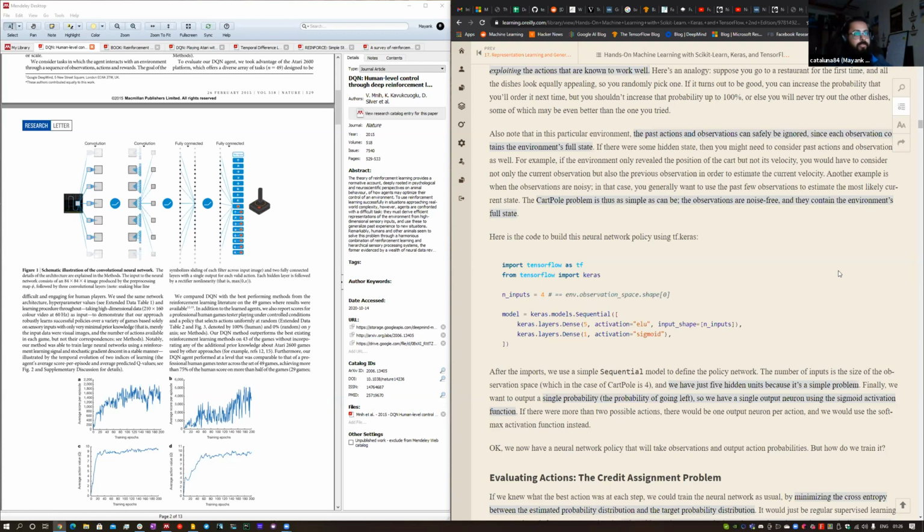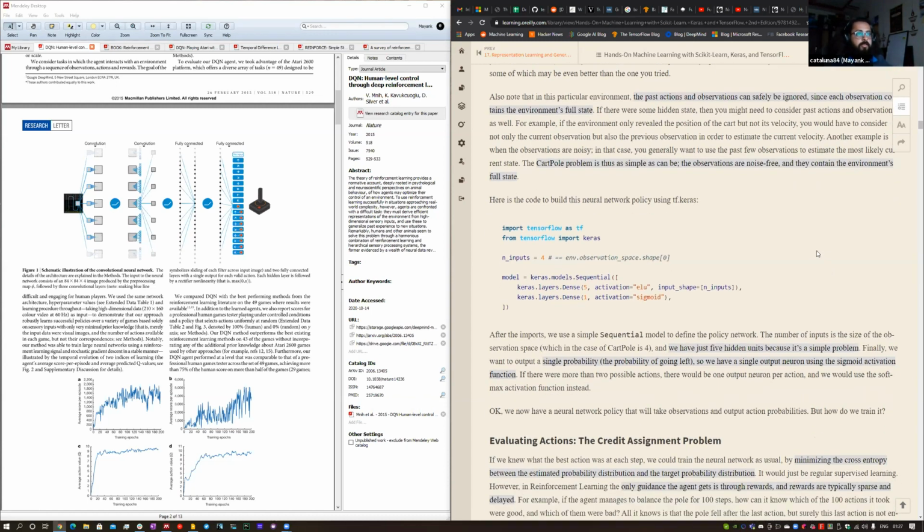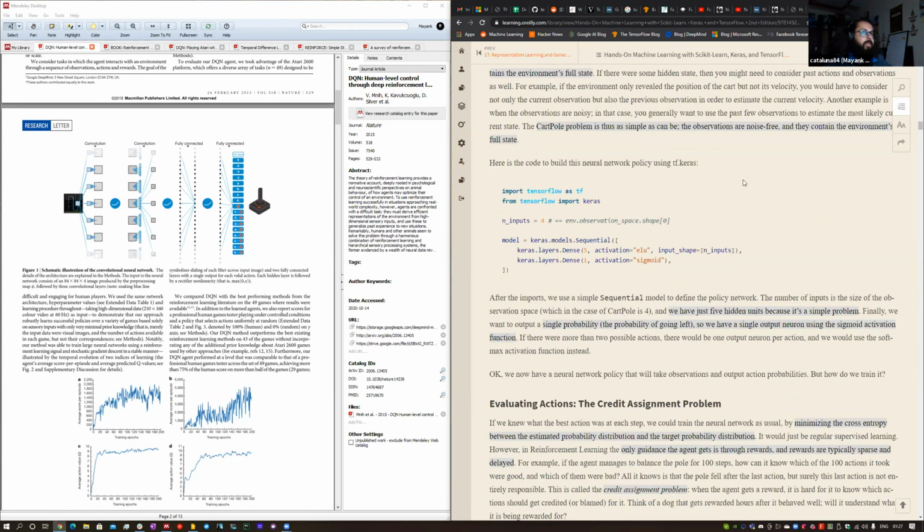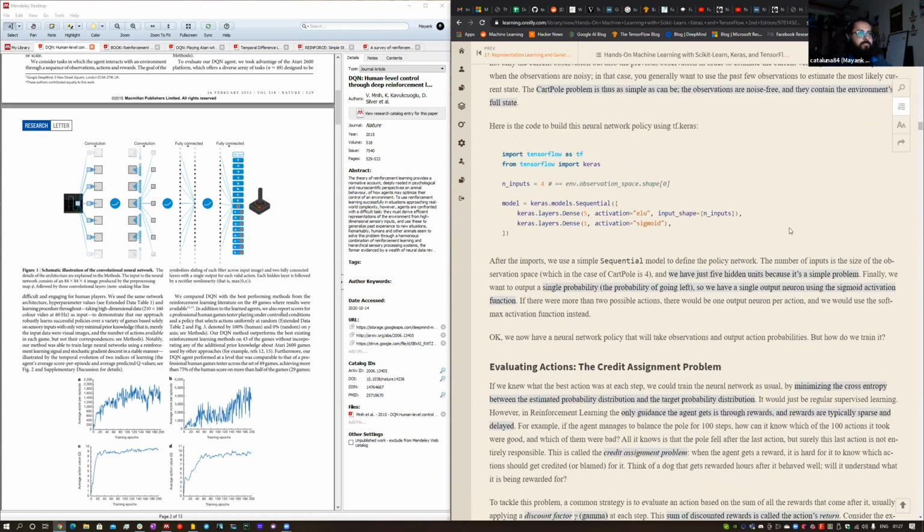So the observations that we get are not truly deterministic in nature. That's one issue which can be solved by taking those past few observations into account and trying to estimate the most current state. So this is a simple problem. Therefore, observations are noise-free and they contain the environment's full state.